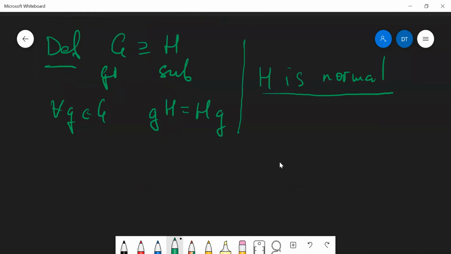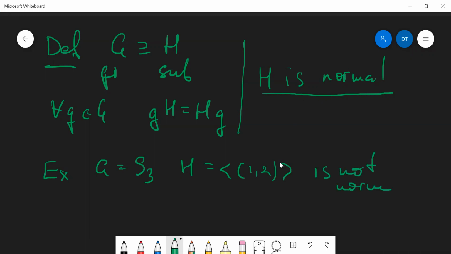I just mention the example. We will discuss this example during the seminars. If you take as a group S3, the group of all permutations on three elements, and if you take as a subgroup the cyclic subgroup generated by the transposition (1 2), so this is the cycle between elements 1 and 2, and the element 3 is fixed, then H is not normal. Its left and right cosets are different for some elements.